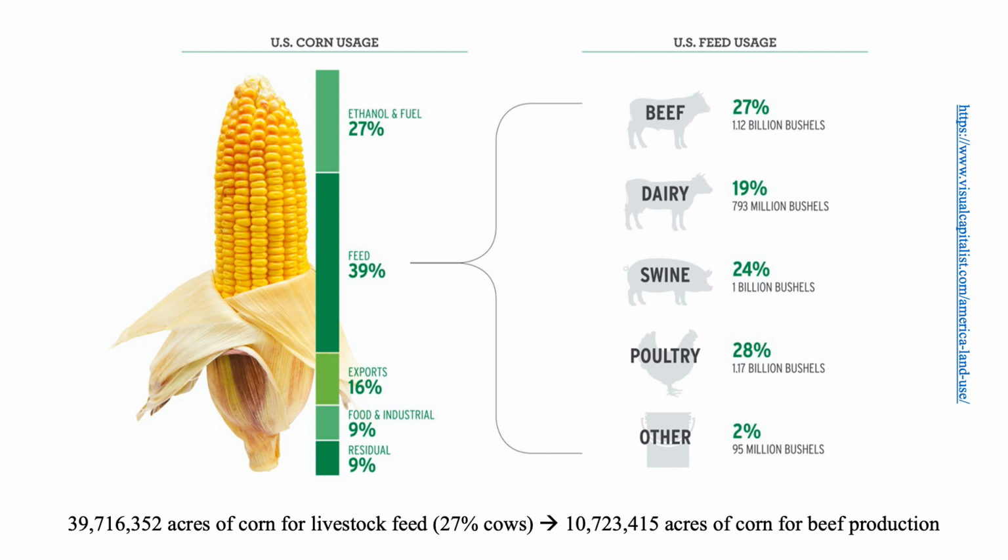So as I have annotated here at the bottom, about 39 million acres of corn is used for livestock feed, and about 10 million acres of corn is used for beef production.